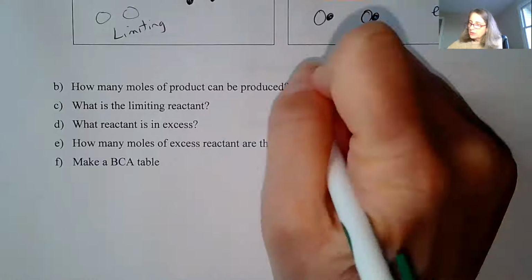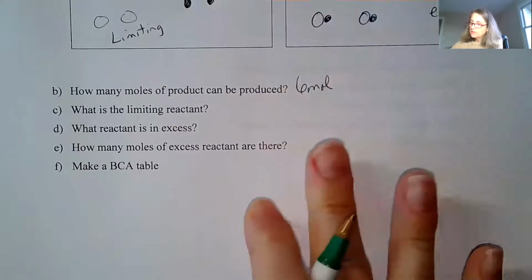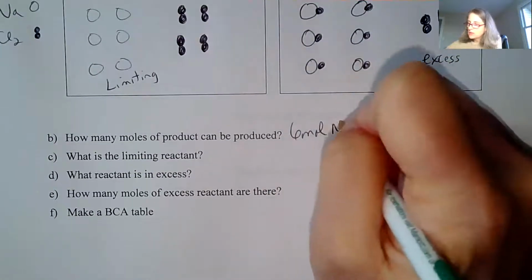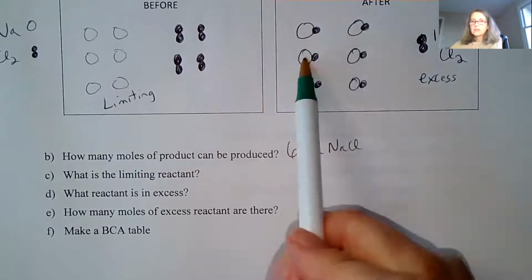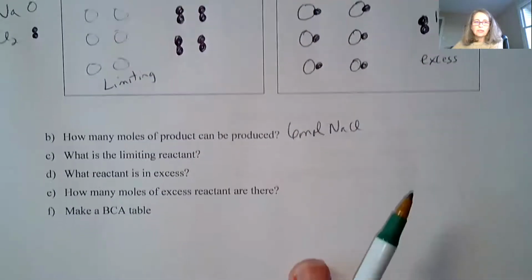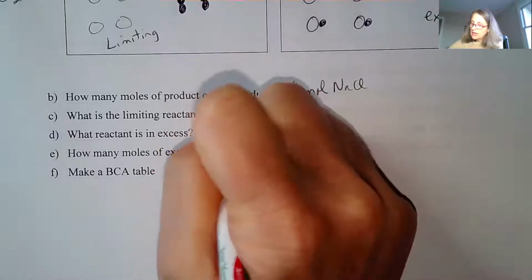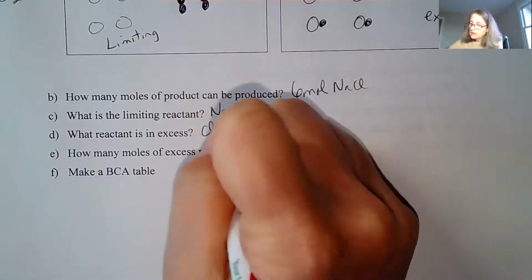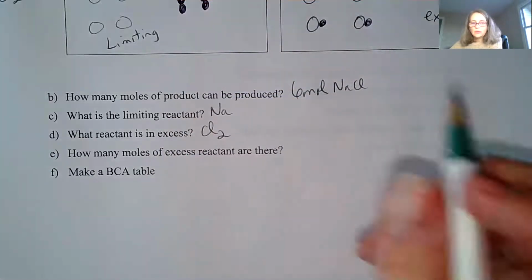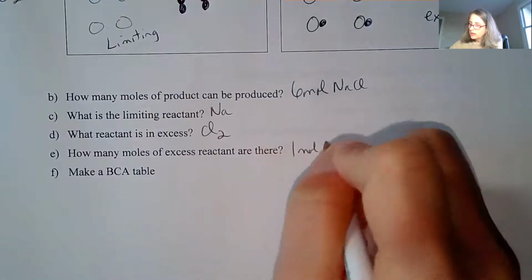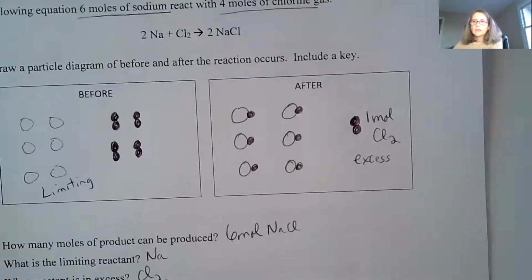So I could produce 6 moles of my product, okay? So that is the sodium chloride. So those are 6 different moles here that I have created in my picture. My Na is my limiting. My excess is Cl2. I have 1 mole of Cl2 at the end of the experiment that I drew in the box here.